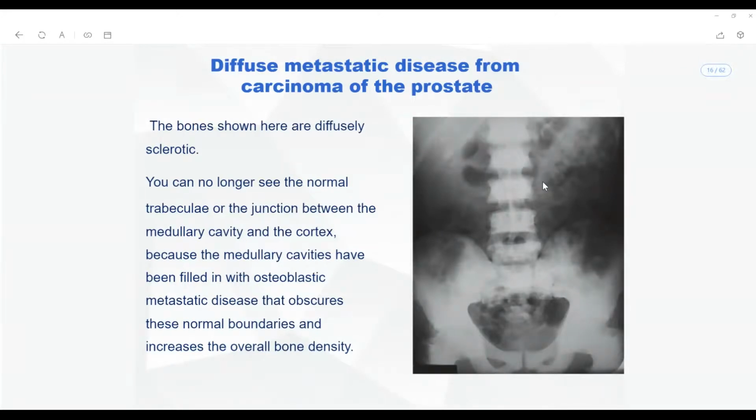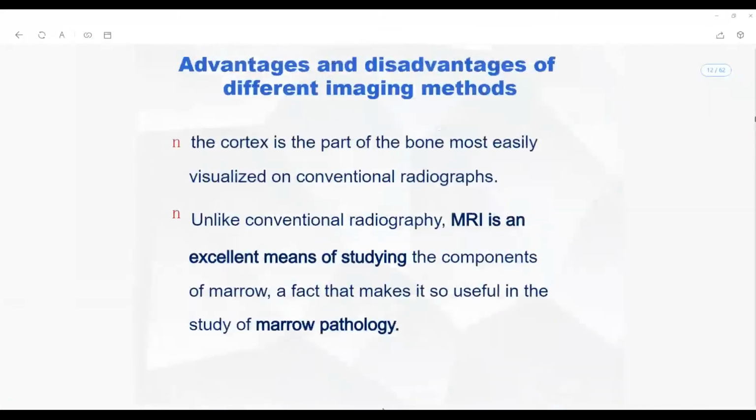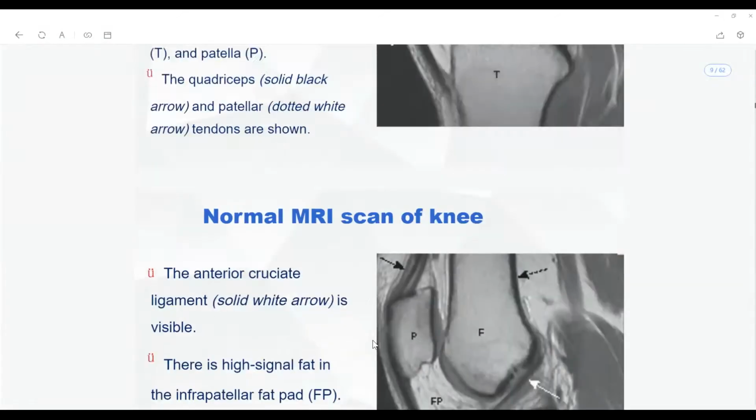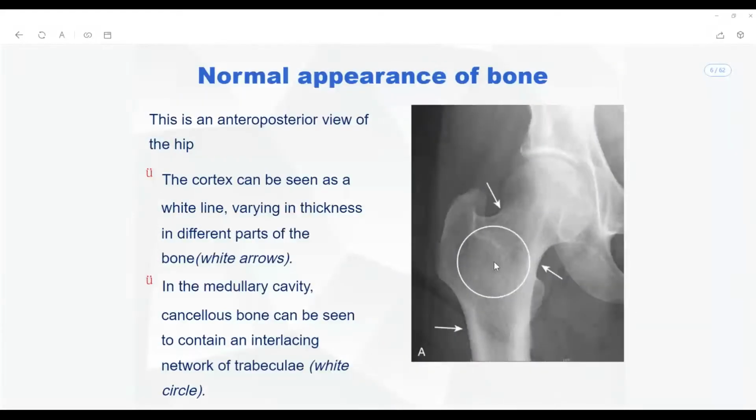You have to remember the basic shadow of the normal bones, how they look. Maybe they are present in previous pictures. Let me see. Look at the same parts here, how they look. You can see the trabeculations very clearly.